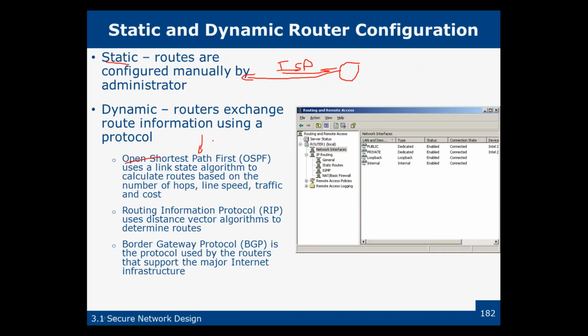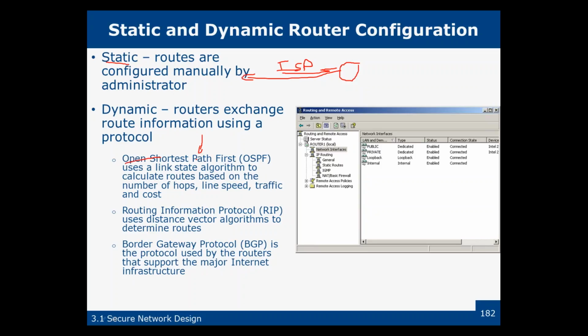OSPF is one that builds the entire network infrastructure in its memory and keeps it, and then it keeps backup routes also. RIP just simply sends the entire route table every time that it updates. I think it's every 60 seconds or 90 seconds that it broadcasts, so it's going to put a lot of traffic out there.